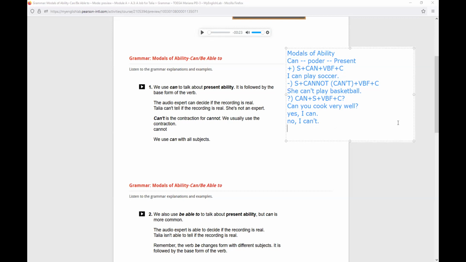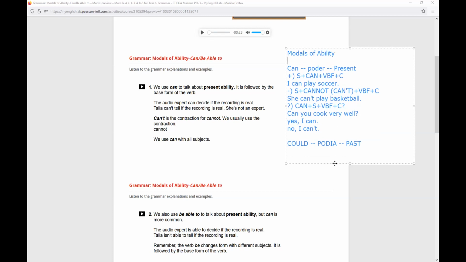What happened if I want to talk about past? I will use could, okay? Could, I will use could. It means podía. This is for past ability, okay? So, podía. Now, I will say, for example, subject could, verb in base form, and complement.